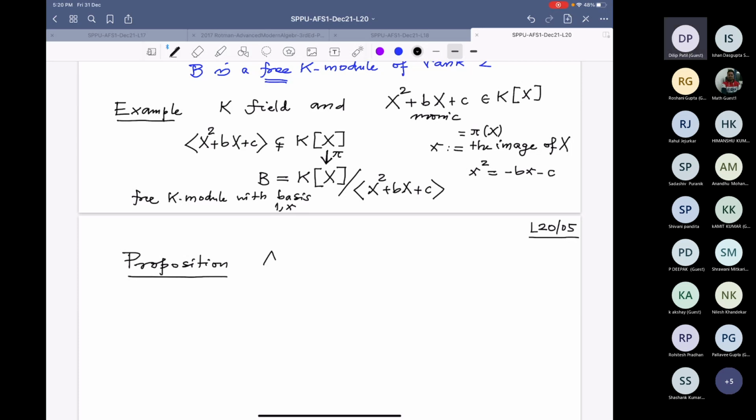So, any commutative ring A, and capital F a monic polynomial. Monic is very important.